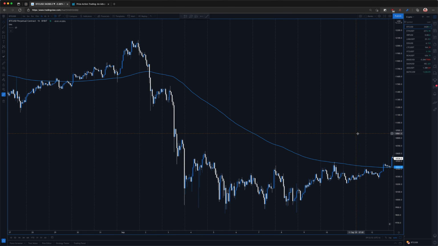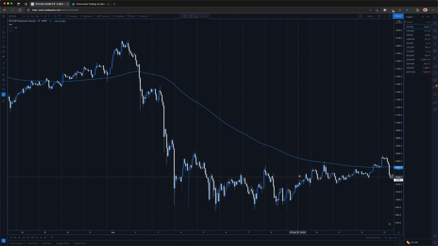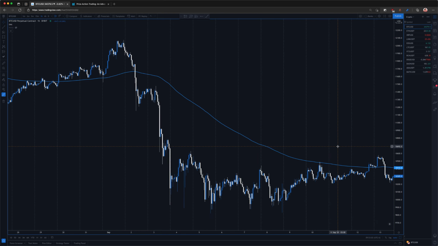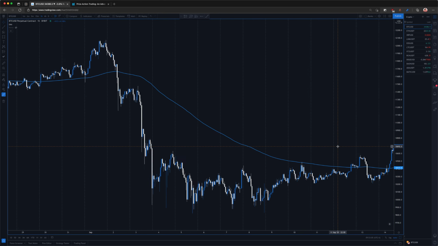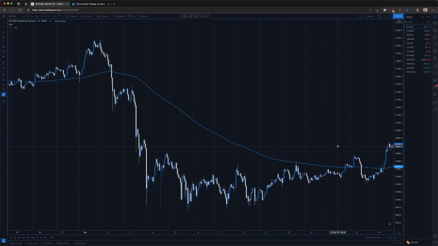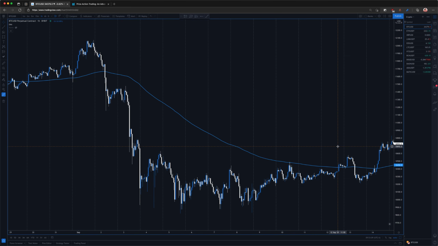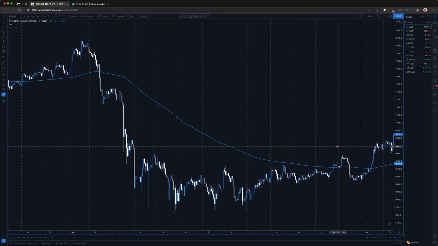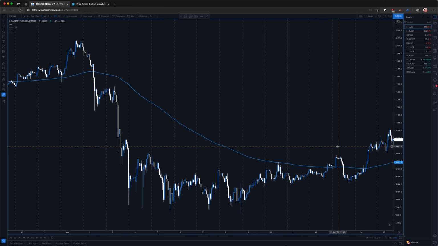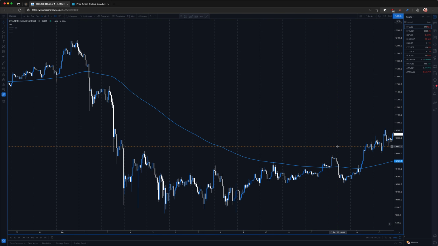So let's see what we get for potential setups. We want to make sure that we're trading in the direction of the higher time frame trend, like I say, which is the 200 EMA. And we're just going to go through bar by bar here and look until we get setups. We don't want to trade when the 200 EMA is flat, because that's generally a sideways market, so there's not much edge usually in that. And we want to look to get long here.